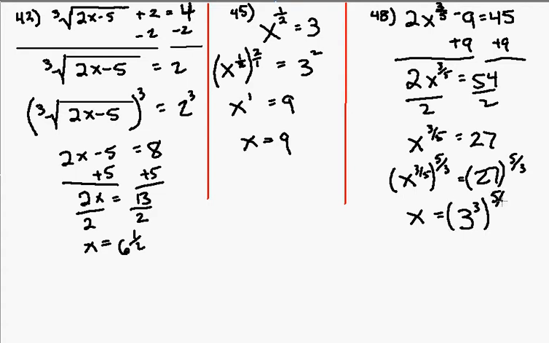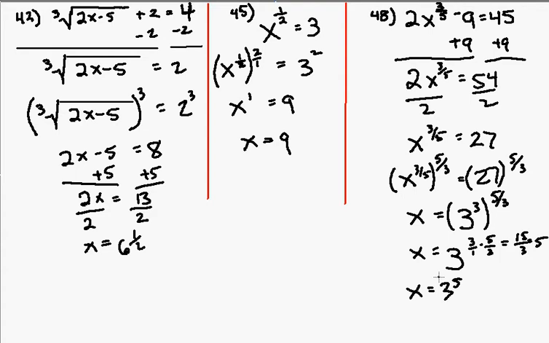So that's the 5/3. So x is equal to 3 to the 3 over 1 times 5 over 3, which is 15 over 3, which is 5. So we have x is equal to 3 to the 5th.